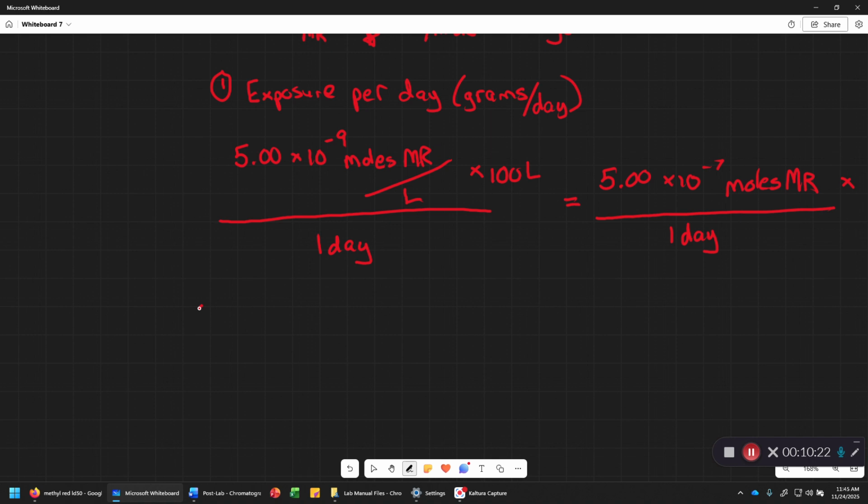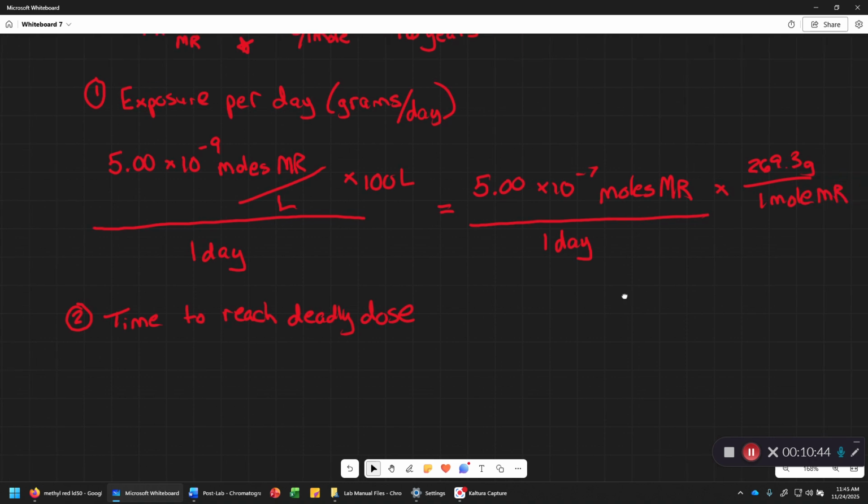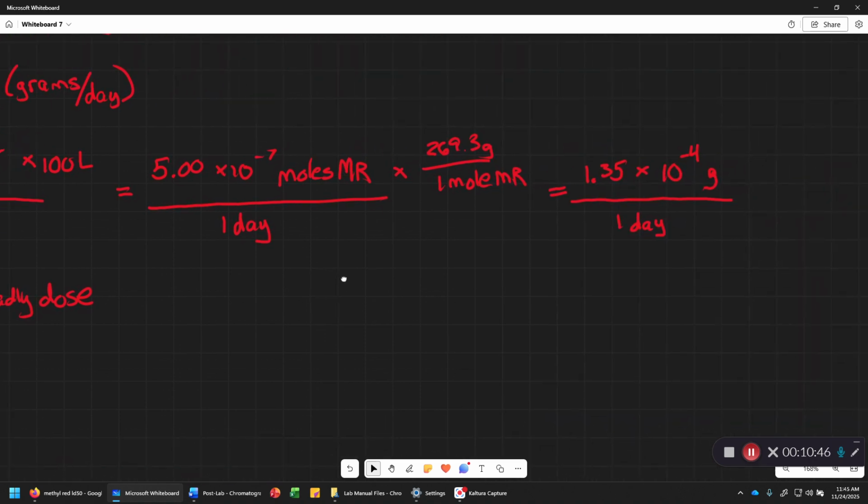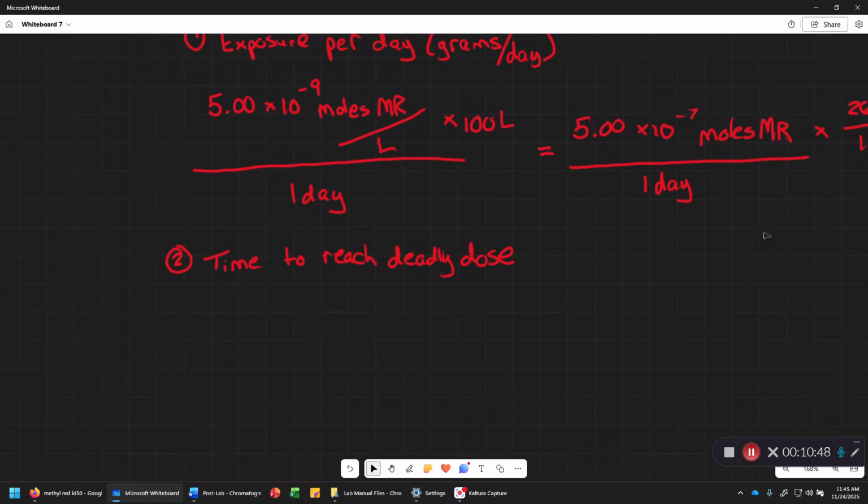That brings us to the second calculation, where we calculate the amount of time it takes to reach the deadly dose. The starting point is the number we just calculated, 1.35 times 10 to the minus 4 grams per 1 day.